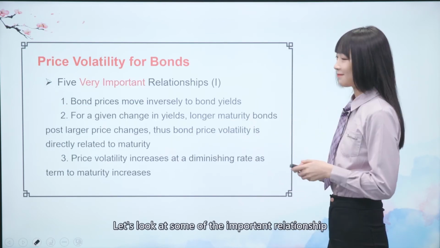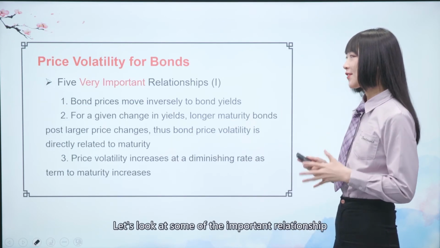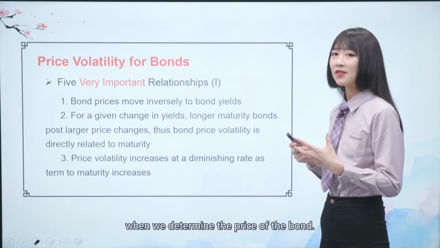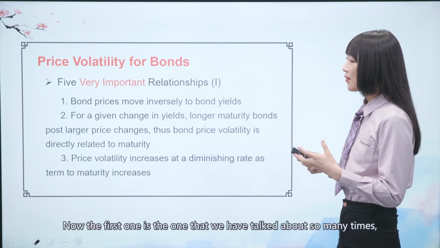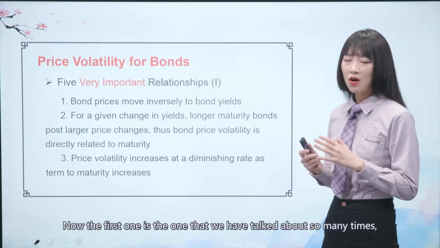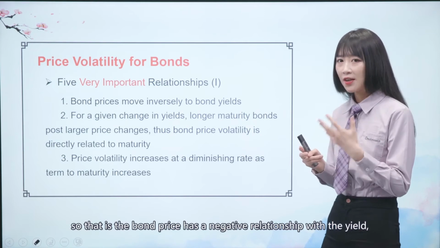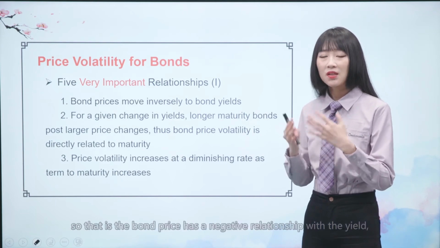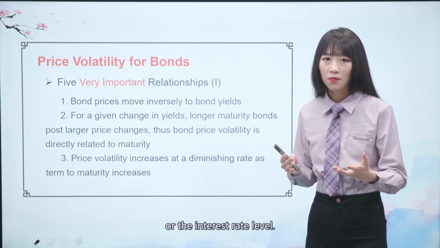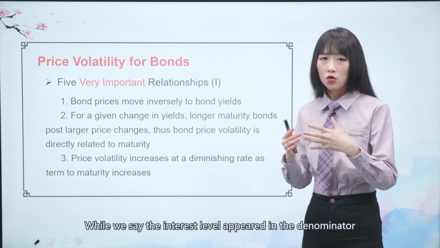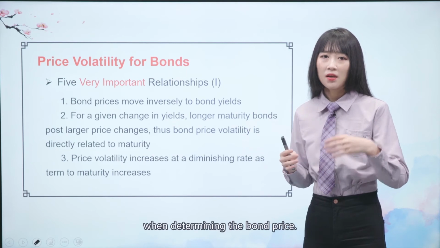Okay. All right, let's look at some of the important relationships when we determine the price of the bond. The first one is the one that we have talked about so many times. That is, the bond price has a negative relationship with the yield or the interest rate level. Well, we say the interest rate appears in the denominator when determining the bond price.